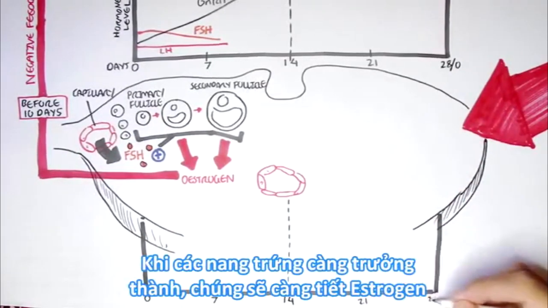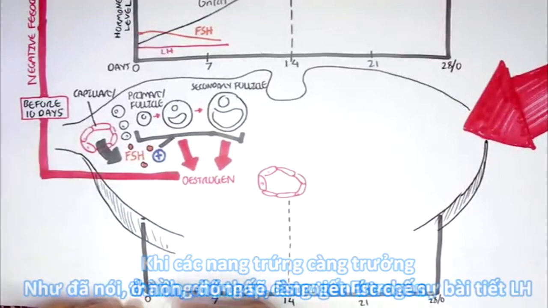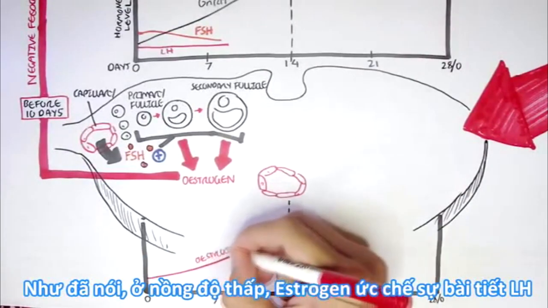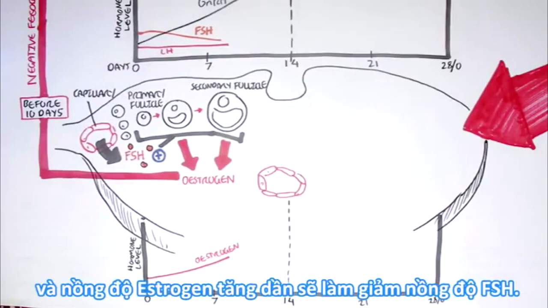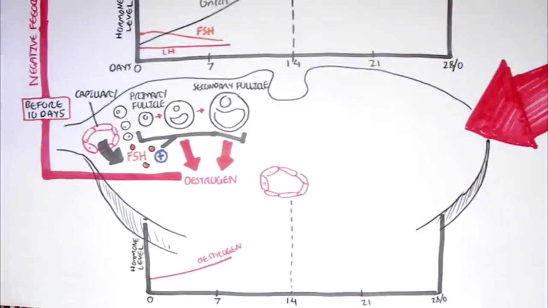So as the follicle matures, it will produce more estrogen, which, as I mentioned, at low concentrations will inhibit the secretion of luteinizing hormone, and the increase in estrogen concentrations will also cause a decrease in follicle-stimulating hormone secretion.